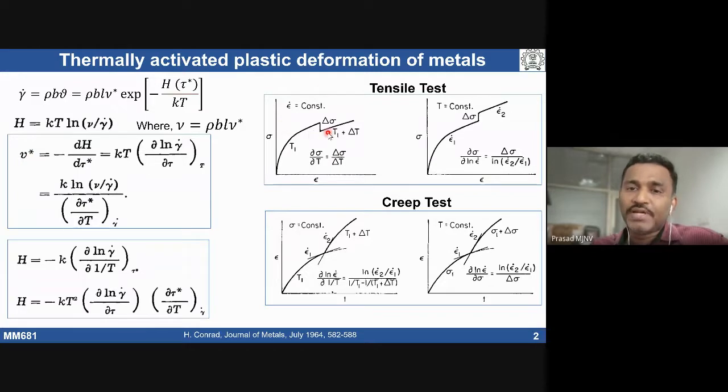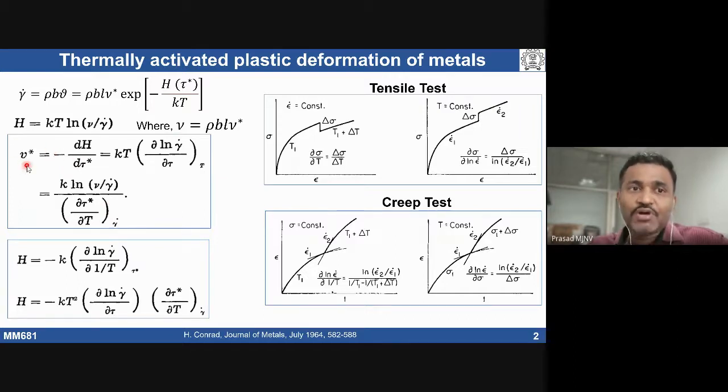Typically people do jump tests, because we want to know, at a particular strain, what change in temperature leads to a change in stress. Using these equations we can determine the activation volume.